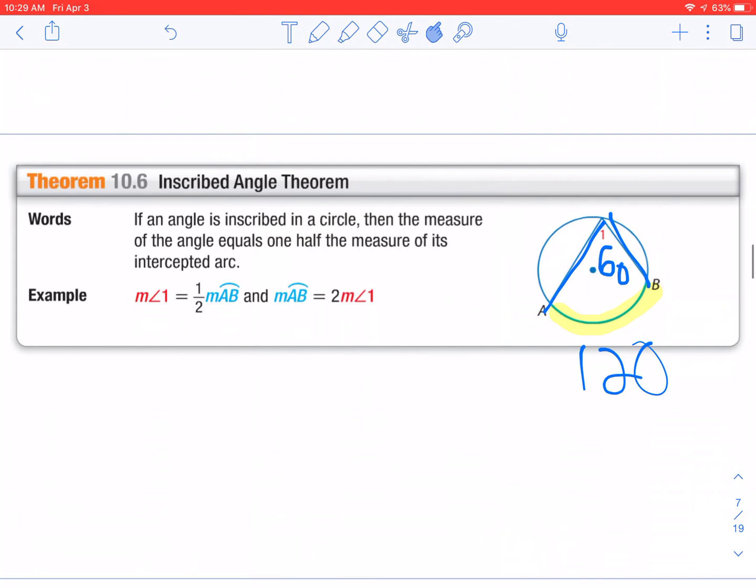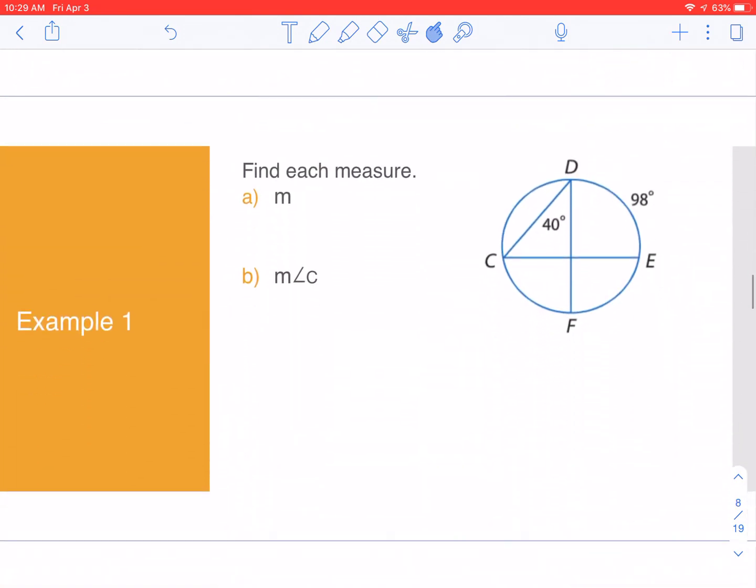Okay, so let's do some examples. Once again, there's some transferring issue here with this PowerPoint. What it's saying is find the measure of arc CF. So I'm trying to find this arc right here.